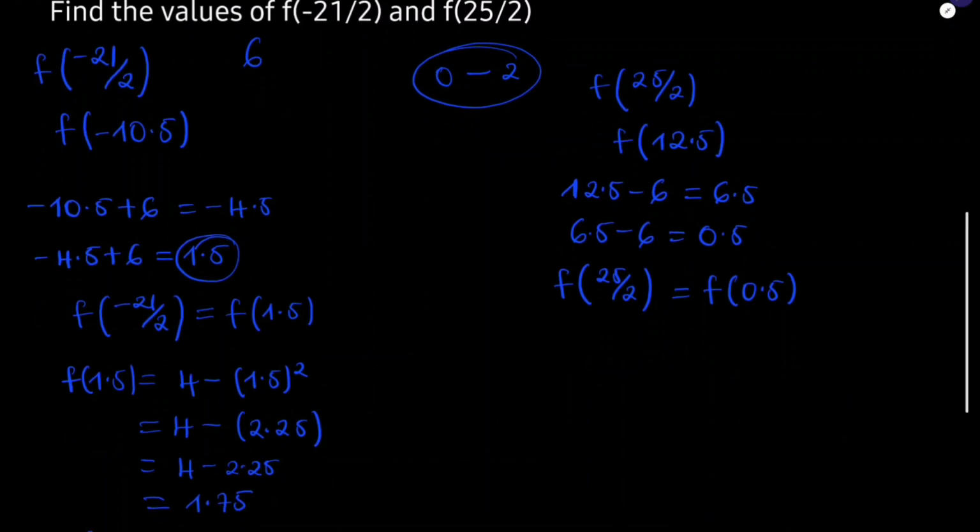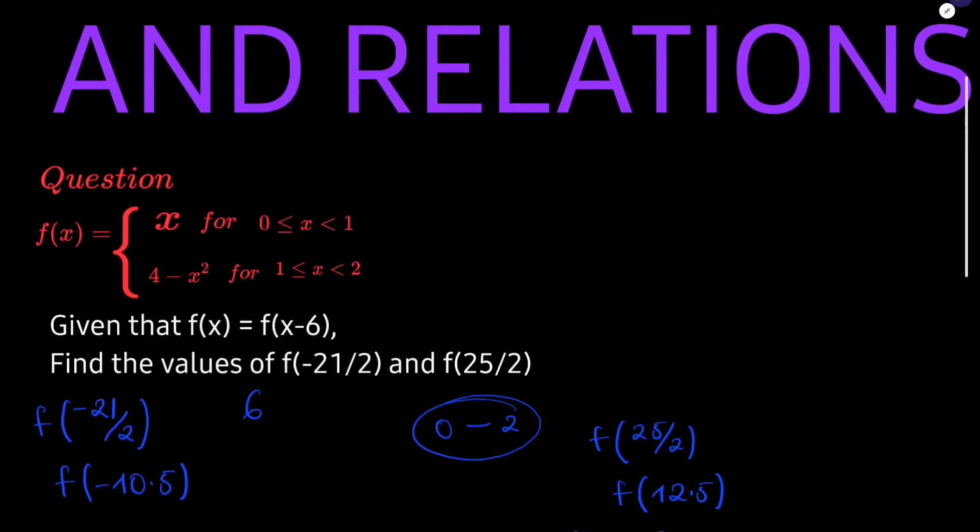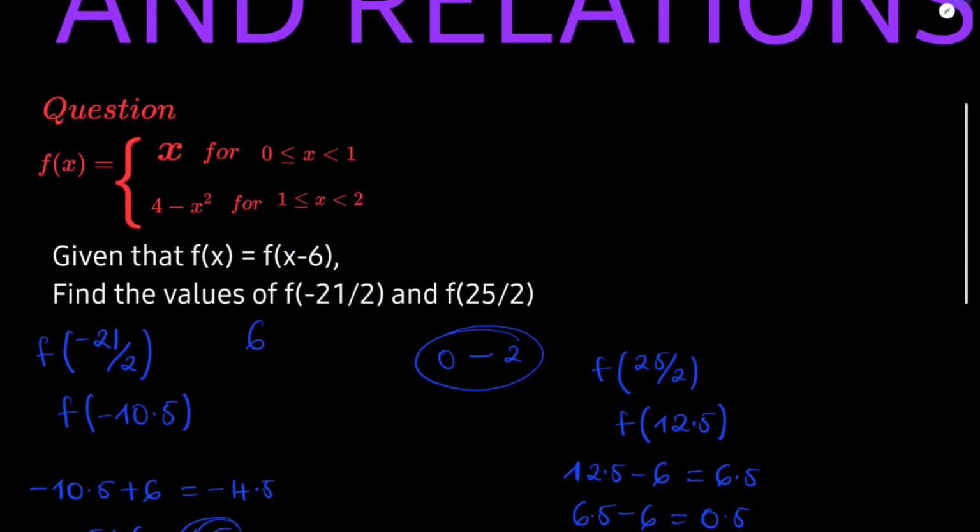Now we can substitute it, but we have two functions. Let's take our 0.5. Is it in this range? Let's check. 0.5 is greater than 0 and it is also less than 1, so it is in this range.